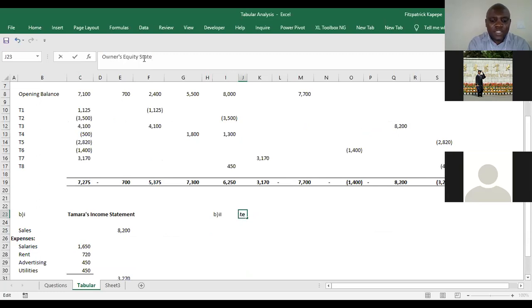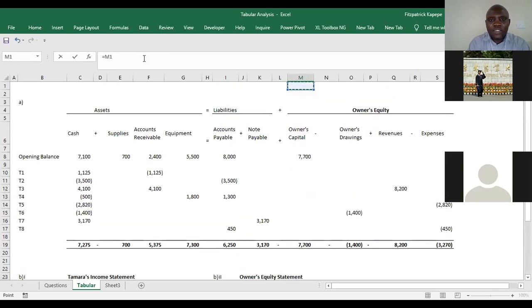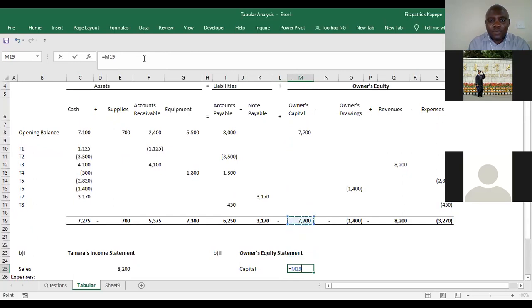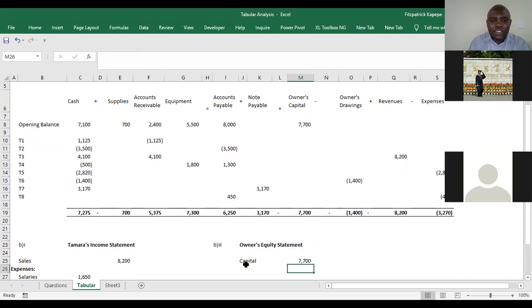So you start with your capital. Your capital in this case, isn't it, this one, 7,700, which is owner's capital. Let's say it right, folks.